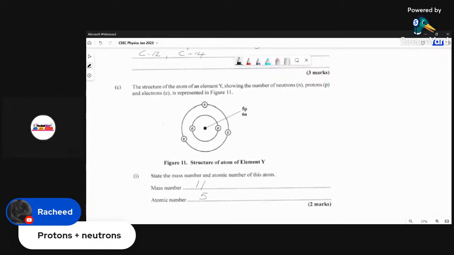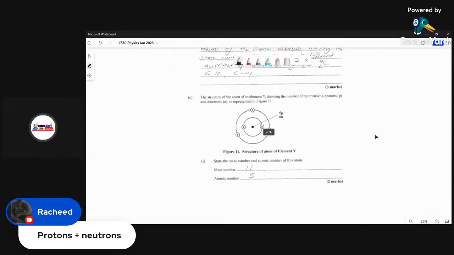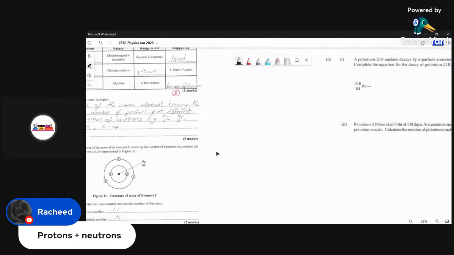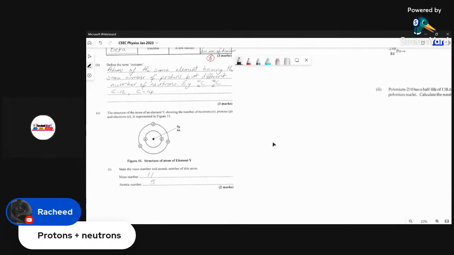Beta, that emission is also from the nucleus. Remember, for beta, you have a neutron splitting into a proton and an electron, and the proton goes into your nucleus, the electron is emitted. So once we're dealing with radioactivity, we are dealing with the nucleus of the atom. That's why even in the equations, you don't see anything about electrons. It is how many protons, how many neutrons, and we know those are in the nucleus.